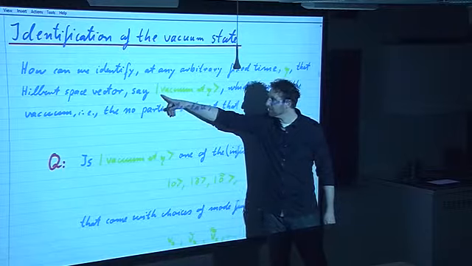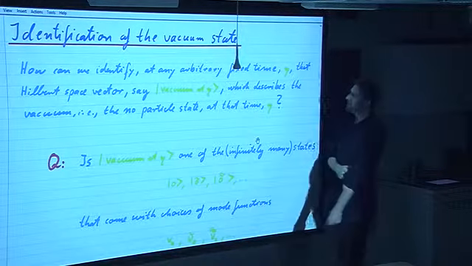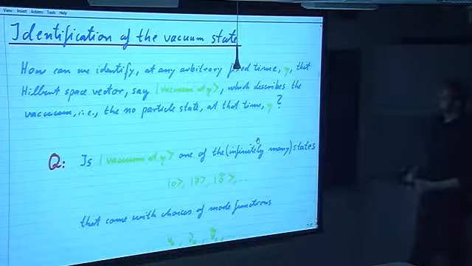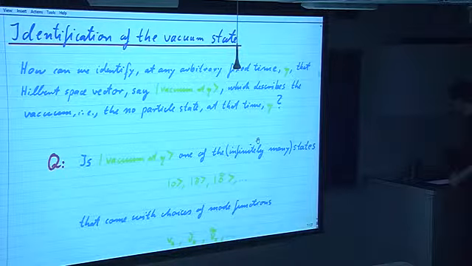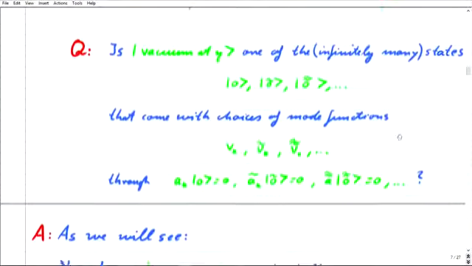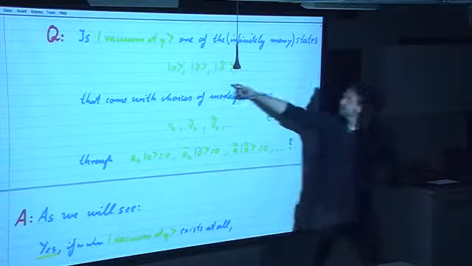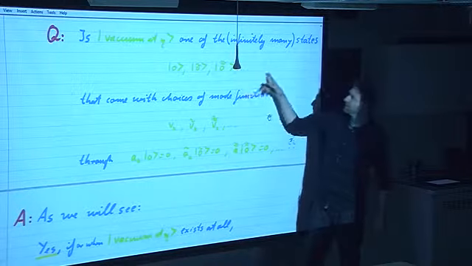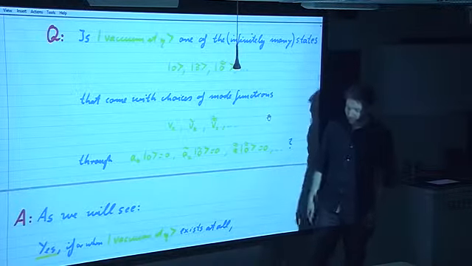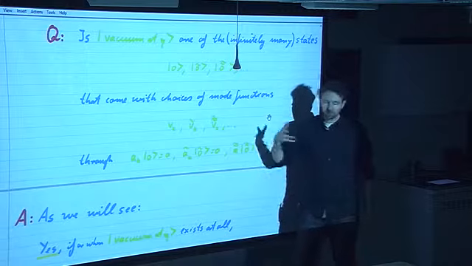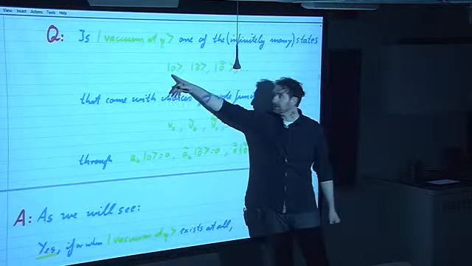So that's the thing we were interested in. What is the state which is the vacuum at time eta? Now, here's the question. Is that state one of the infinitely many states that we can write down in this way? You choose one set of mode functions, and it comes with A operators that annihilate some vector in the Hilbert space.